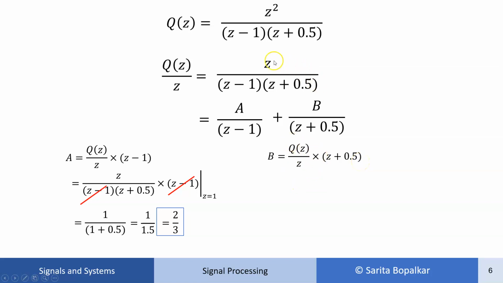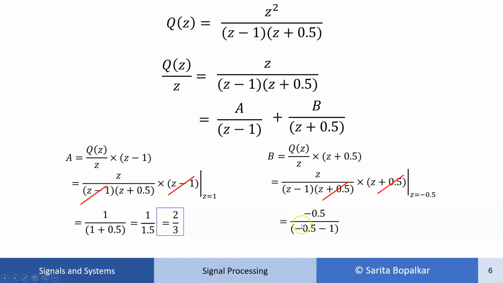Similarly B, Q(z) upon z into what is in the denominator, (z plus 0.5). Now Q(z) upon z is z upon (z minus 1)(z plus 0.5), into (z plus 0.5), at z equal to minus 0.5. So this (z plus 0.5) will get cancelled, and z is equal to minus 0.5.